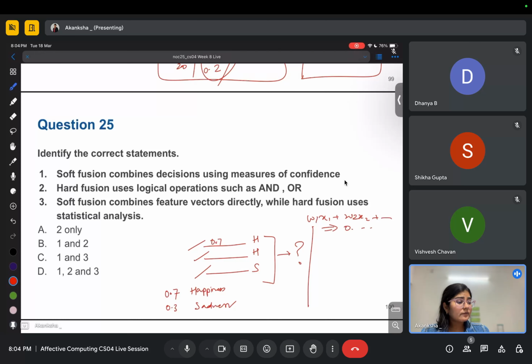And in the case of hard fusion, if it is saying AND, so AND means everyone should agree, only then the label will be assigned, okay, otherwise there will be some kind of ambiguity. And in case of OR, if even one is saying happiness, then I will say that the label is happiness, okay.